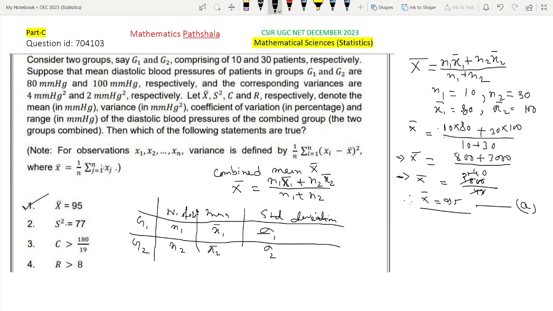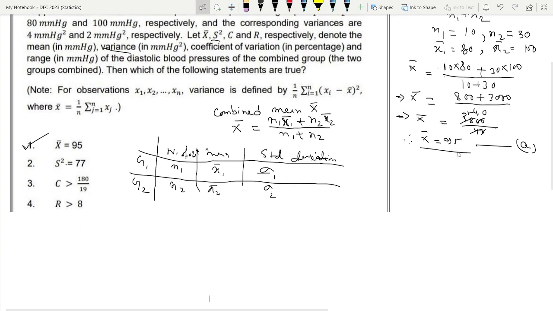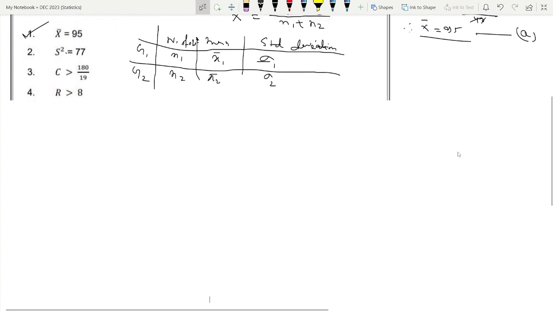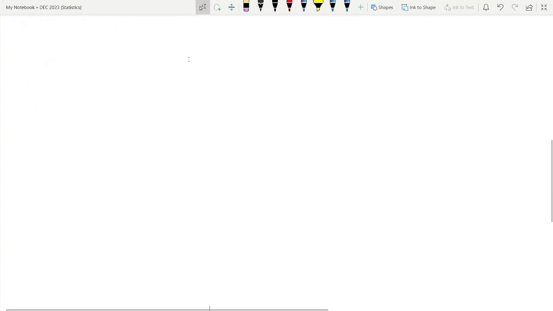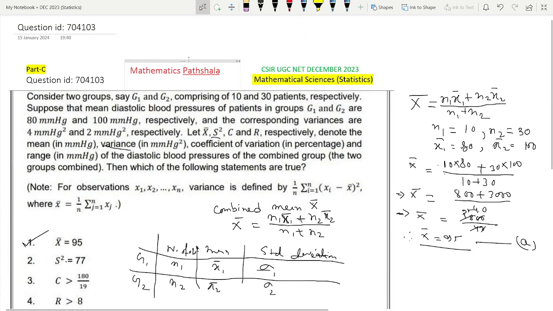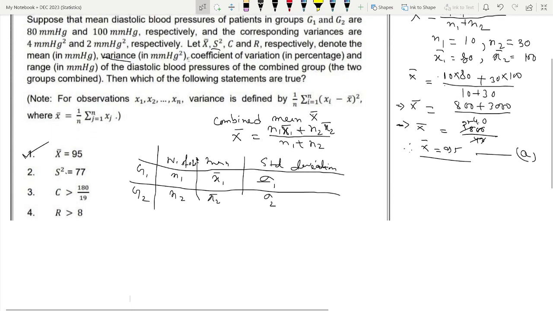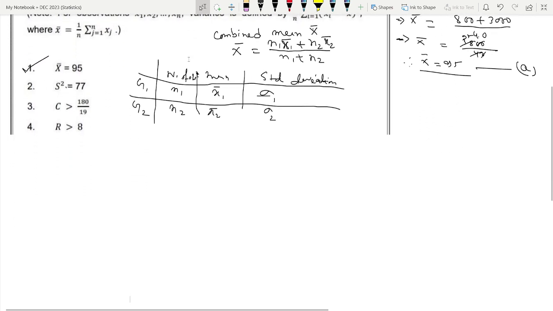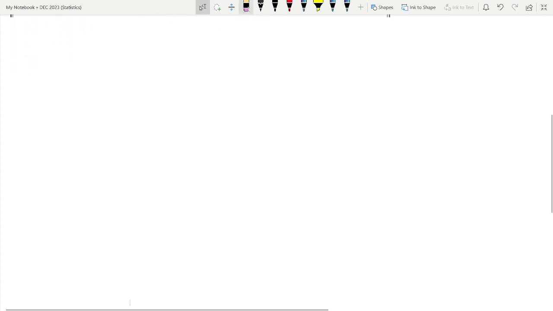Now A square. What is A square? A square denotes the combined variance. Now what is the formula of combined variance? Now we calculate the combined variance.